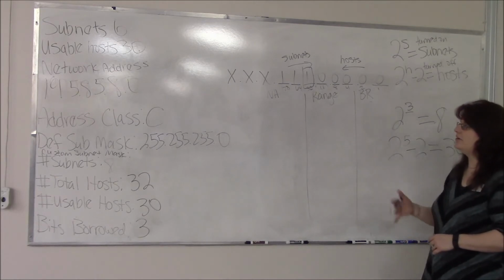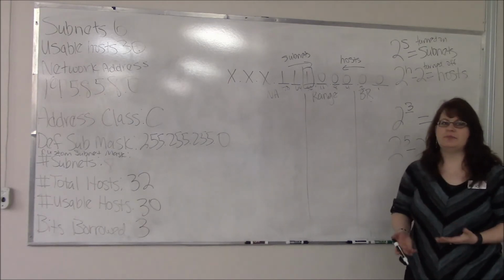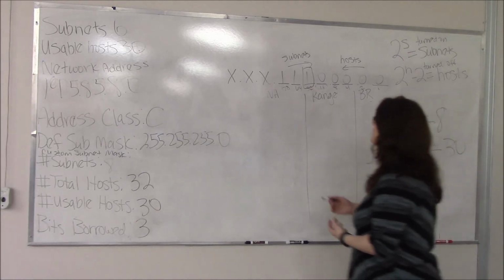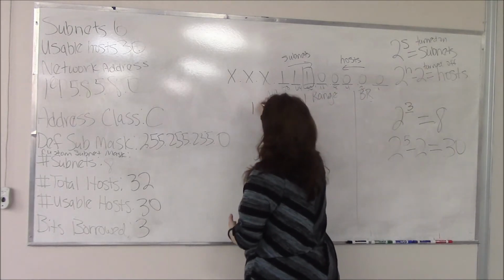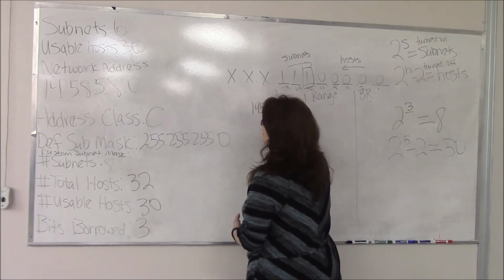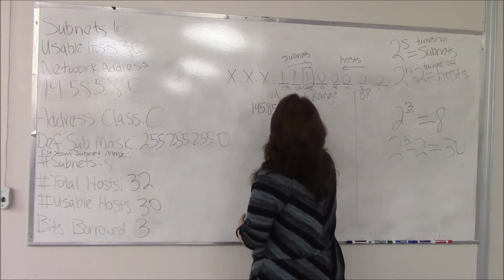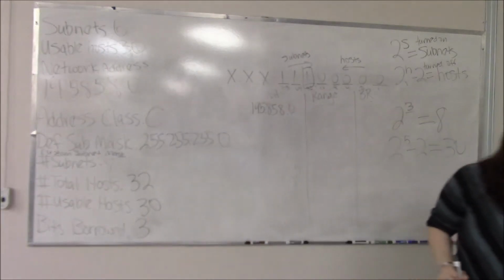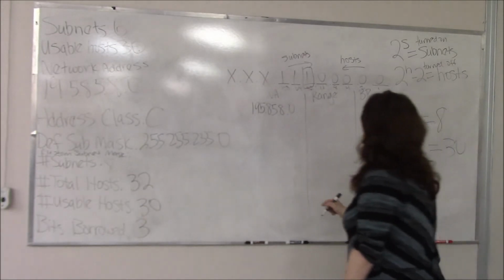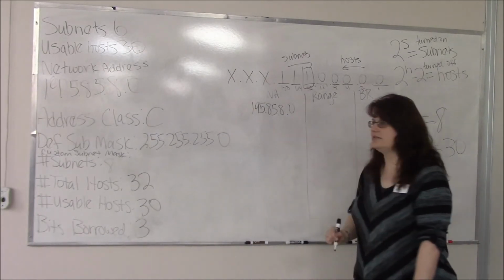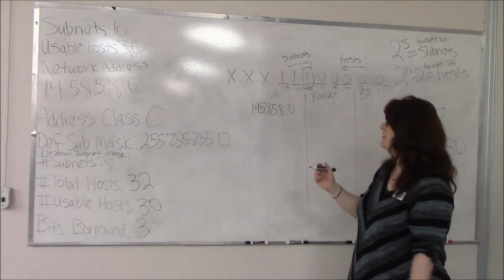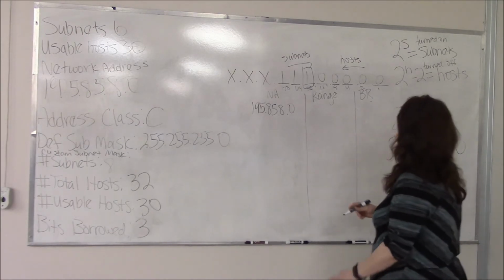So now I have a network that's going to increment by 32. So my first network that I'm going to make, 195.85.8.0, is that correct? Yep. And then I'm going to increment the last octet by 16. Sorry, by 32. By 32.